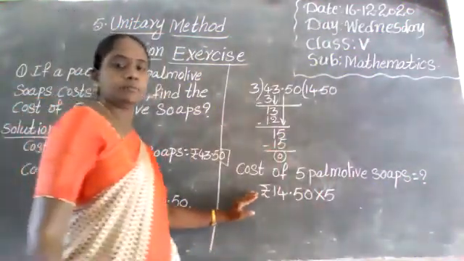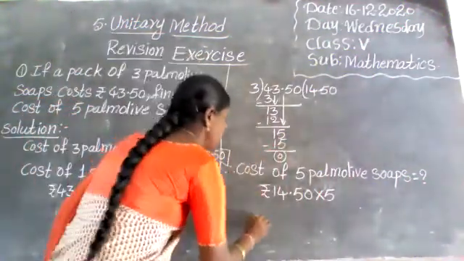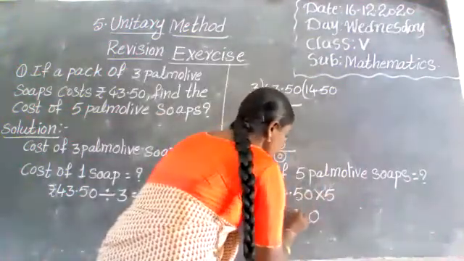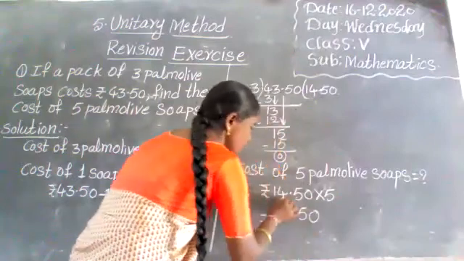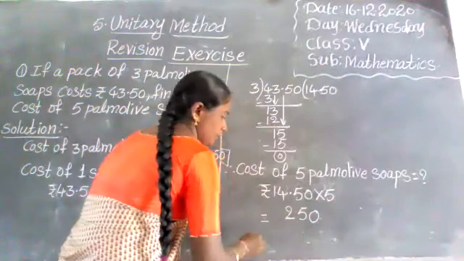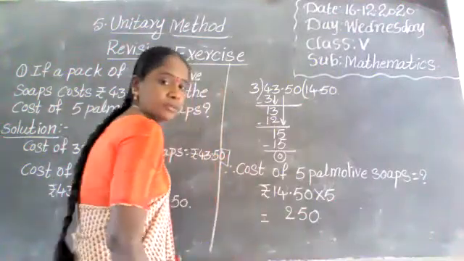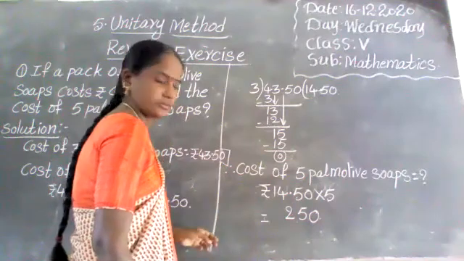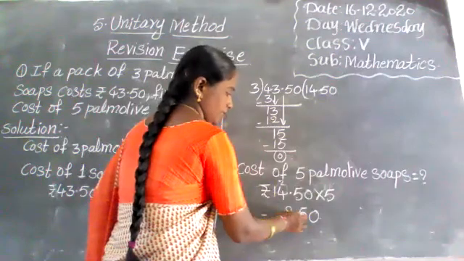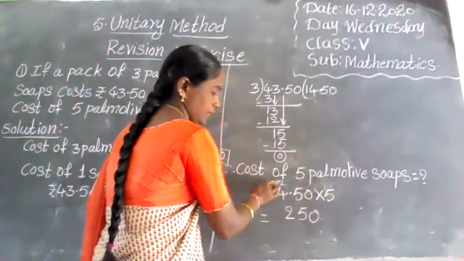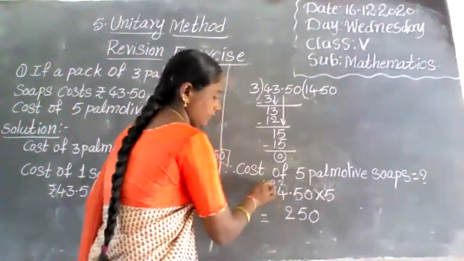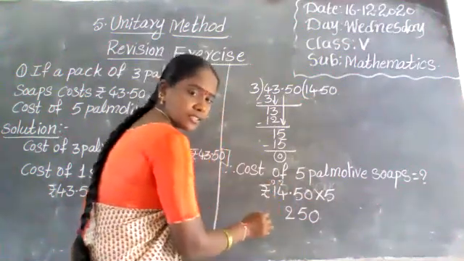Do multiplication, children. 5 zeros are 0. 5 fives are 25. 5 fours are 20, 20 plus 2, 22. Next 5 ones are 5. 5 plus 2, 7.